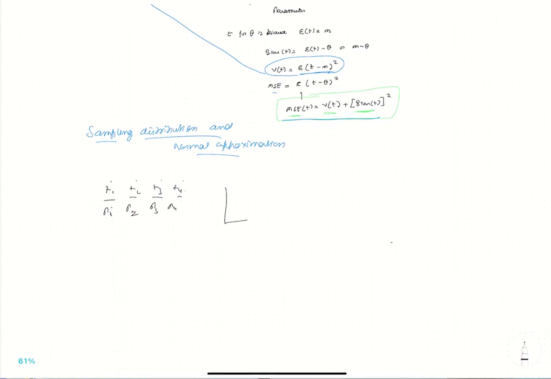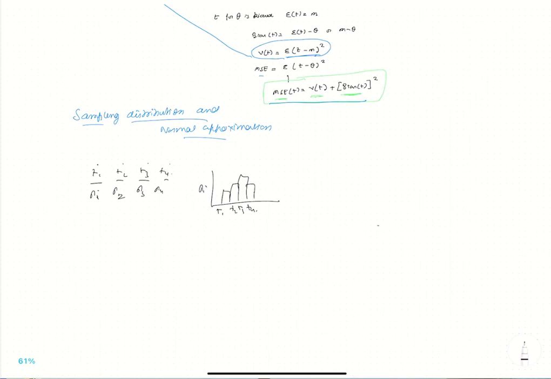This is the pi, and this is t1, t2, t3, t4. It can be shown that irrespective of the population distribution, if n is large, then the sampling distribution is approximately normal.